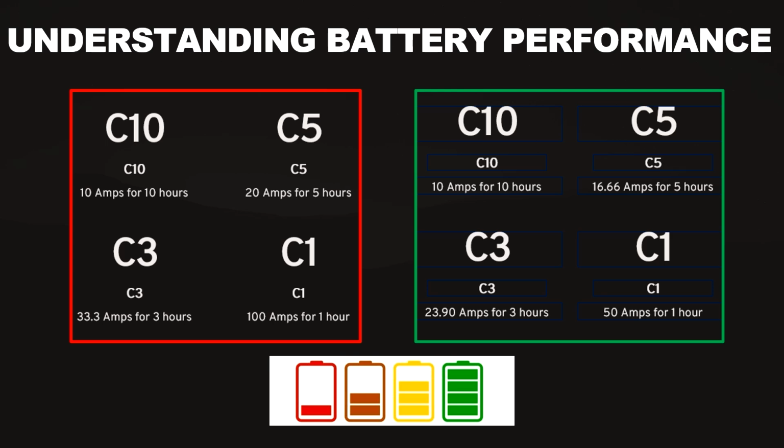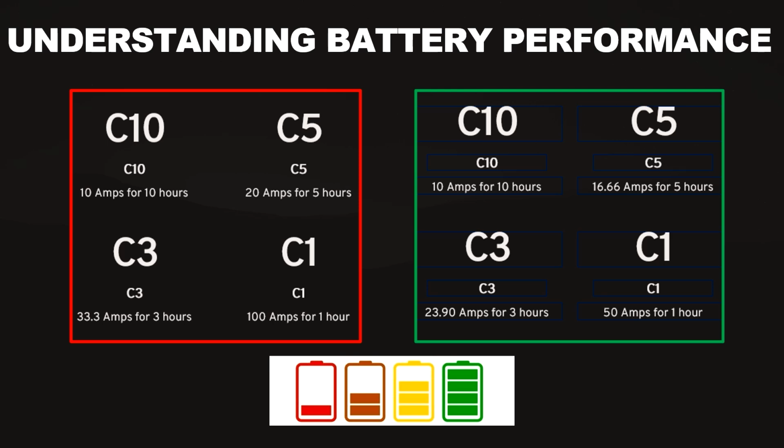However, when you expect it to deliver 20 amps for 5 hours, it cannot maintain this for 5 hours because you are drawing more energy from the same battery at a faster rate. So here you will get only 16.66 amps for 5 hours.